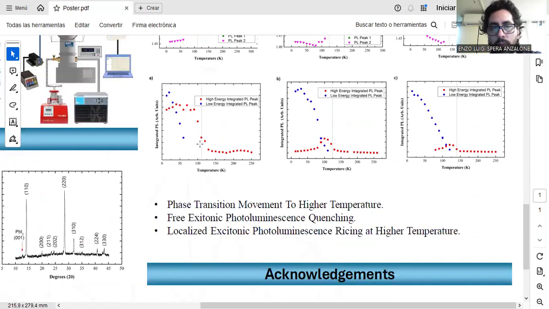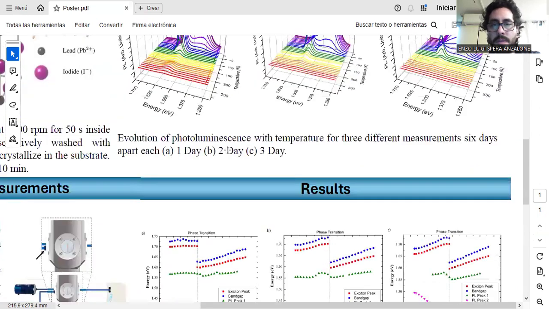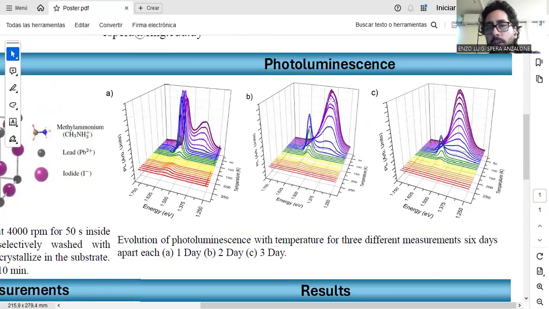It's also possible to see that for the orthorhombic phase, the photoluminescence is quite strong in comparison to the tetragonal phase. For the successive days of measurement, we can see that the low energy peak has quenched the high energy peak, and this behavior continues to the third day.